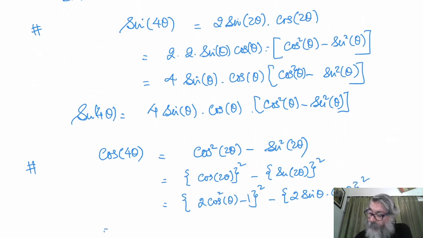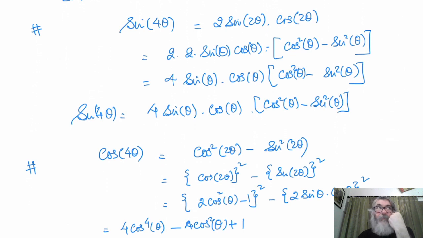If you square the first term, it will be 4 cos 4 theta minus 4 cos square theta plus 1, using a minus b whole square is a square plus b square minus 2ab, minus 4 sin square theta cos square theta. Now you see everything is coming in terms of cos, so let us change sine also in terms of cos.